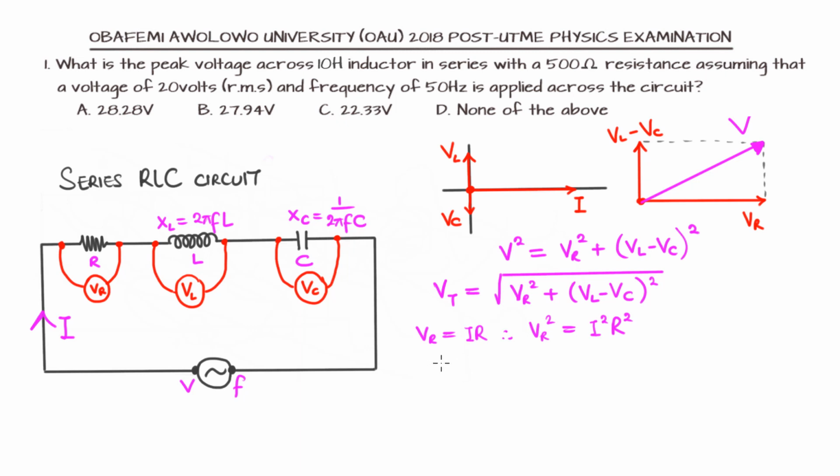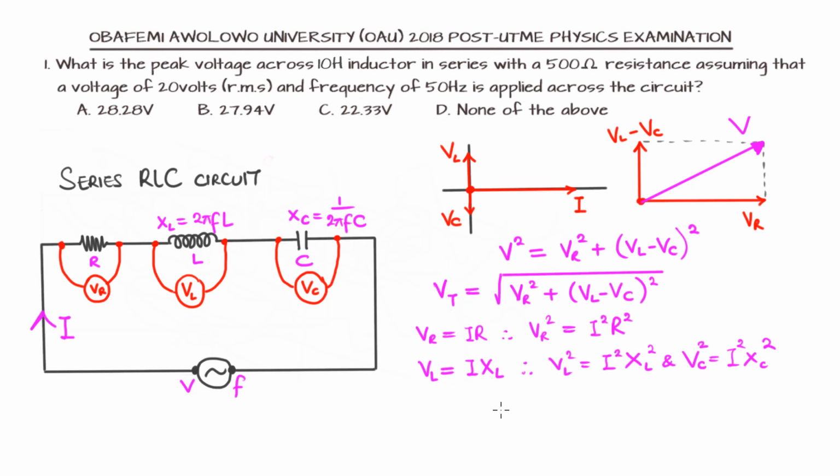Now, in the same way, the voltage across the inductor, VL will be the current multiplied by the inductive reactance, XL, and so VL raised to power 2 will also be I raised to power 2 multiplied by XL raised to power 2. And for the capacitor, it will also be VC raised to power 2, which is the current multiplied by the capacitive reactance XC raised to power 2.